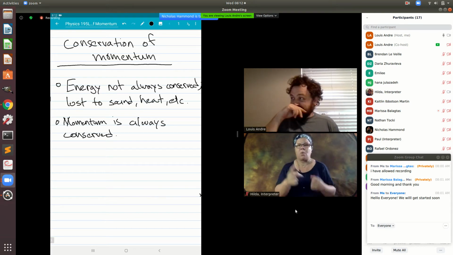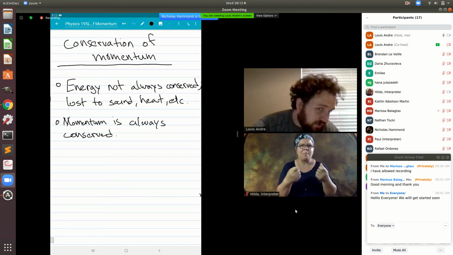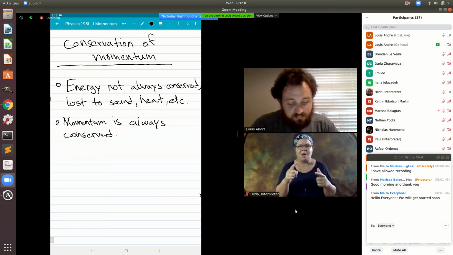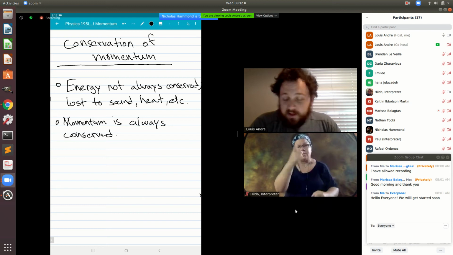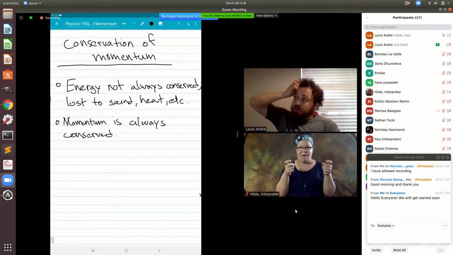Energy can be lost in a collision due to sound and heat and things like that, but momentum is always conserved. Okay. So how do we actually handle a conservation of momentum problem?